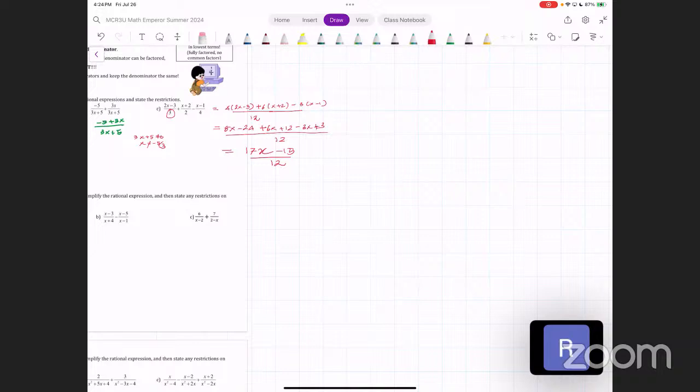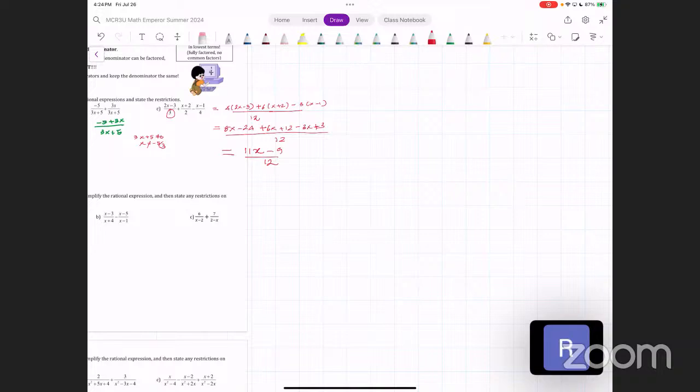So that's going to change the answer here. So 8x plus 6x is 14x, minus 3x is 11x. Minus 24 minus 12 plus 3, minus 9 over 12. Okay, makes sense. Also, it's supposed to be negative 12, not negative 24.